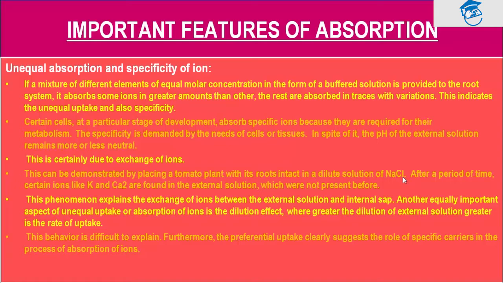After a period of time, certain ions like K and Ca2+ are found in the external solution which were not present before. You had a solution of NaCl, but after a period of time you observe potassium and calcium in that NaCl solution. It was not present before. From where has it come?